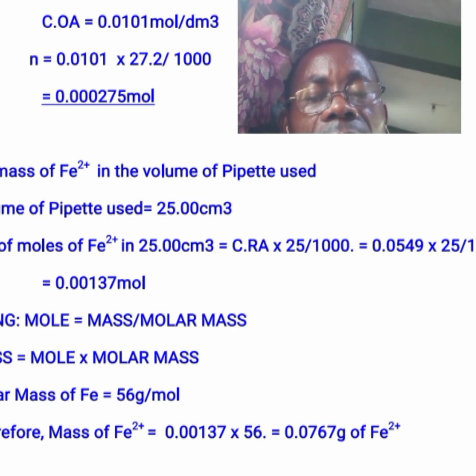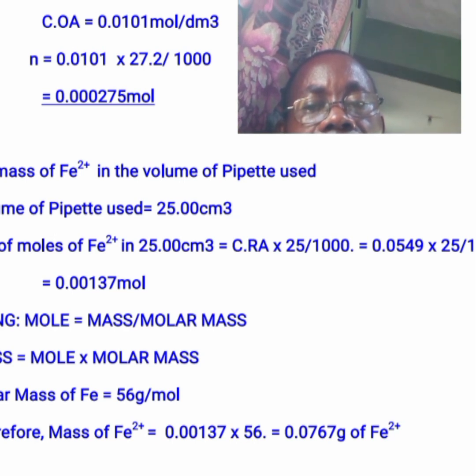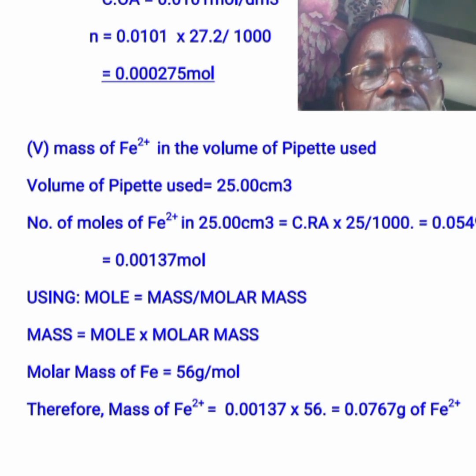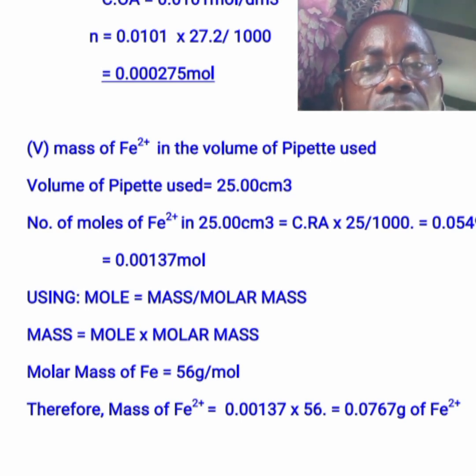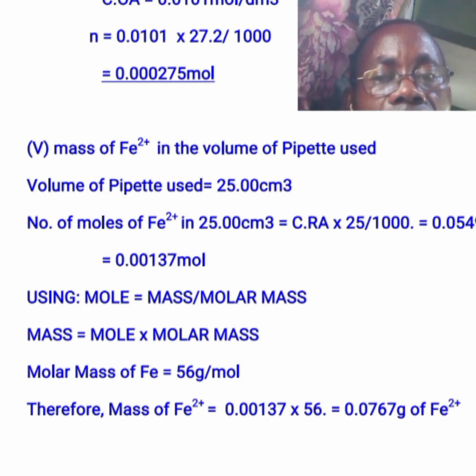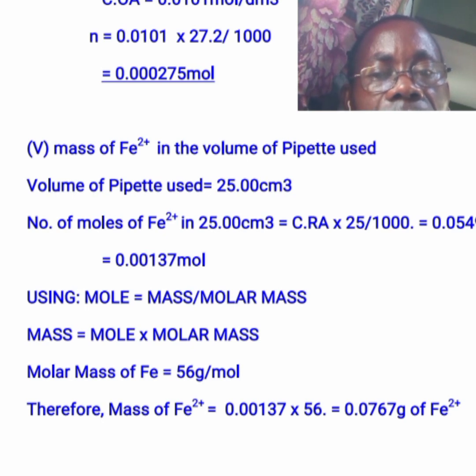Now we use another formula: mole equals mass over molar mass. Making mass the subject, mass equals mole times molar mass. Substituting, we have our mole as 0.00137 and the molar mass as 56. Multiplying, we get 0.0767 gram of iron 2.